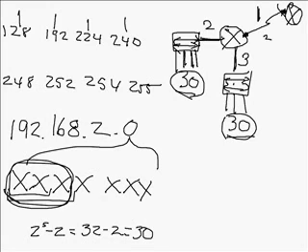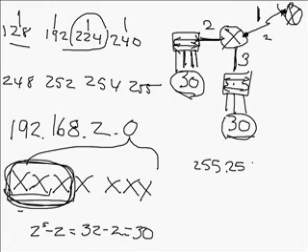Here there's 3 network bits. So because there's 3 network bits, 224 is the subnet mask for the last octet. So the overall subnet mask will now be 255.255.255.224.